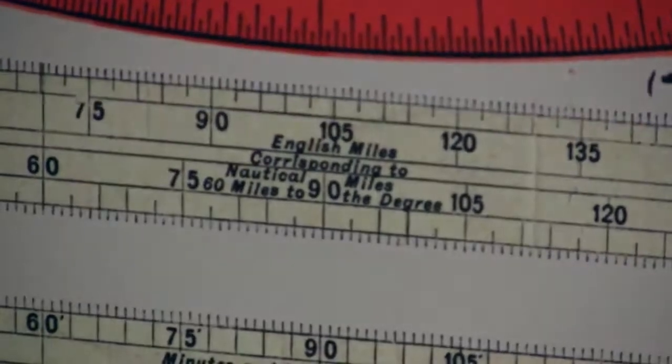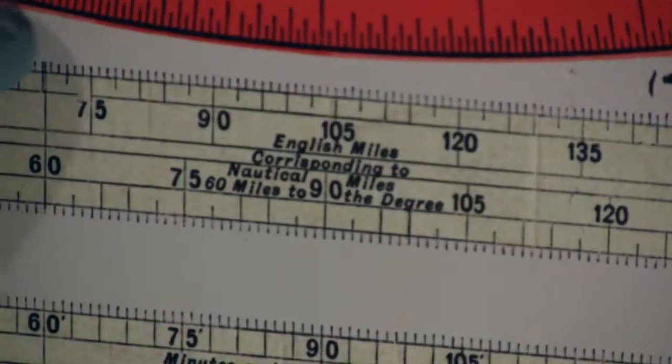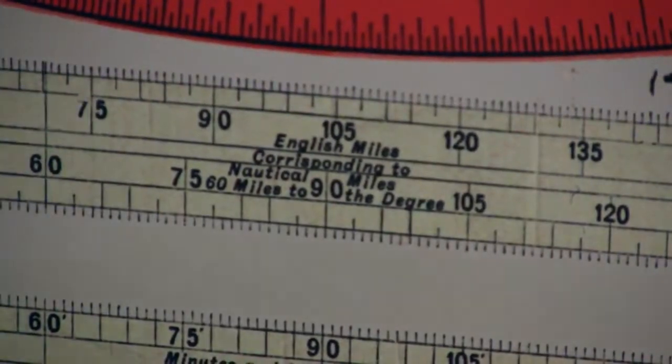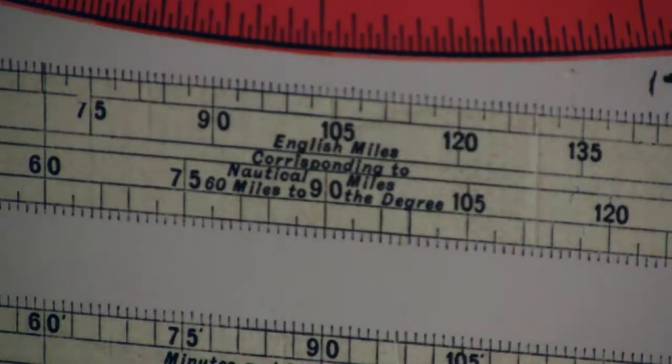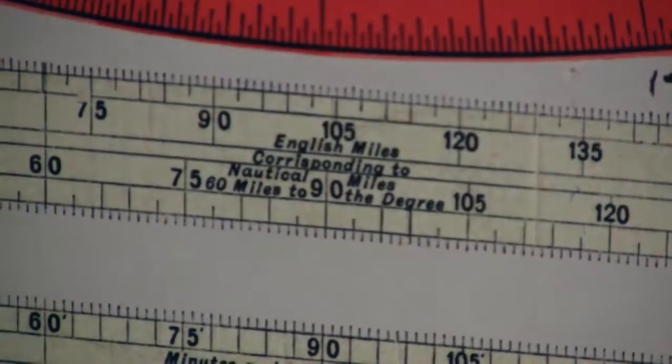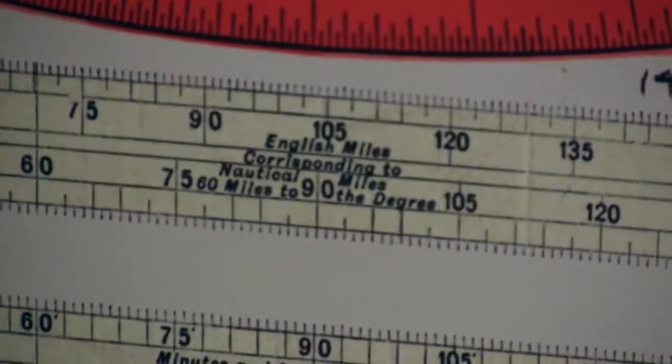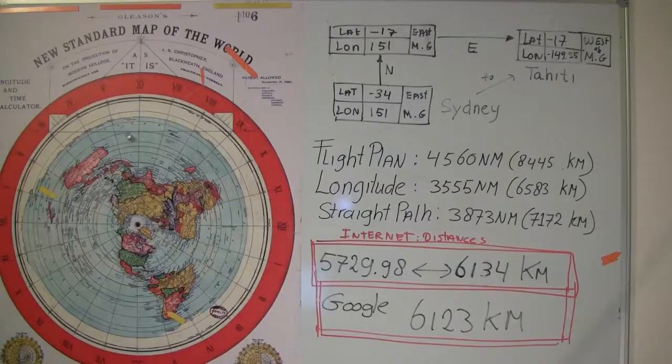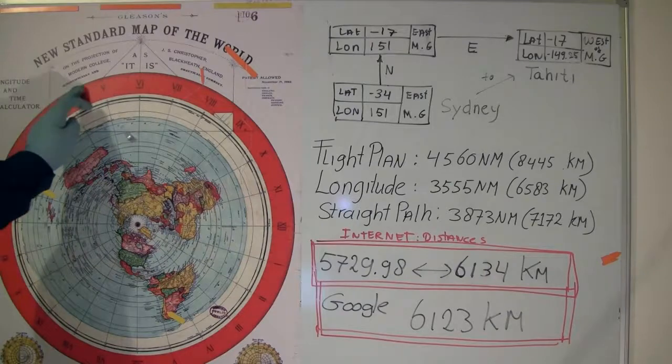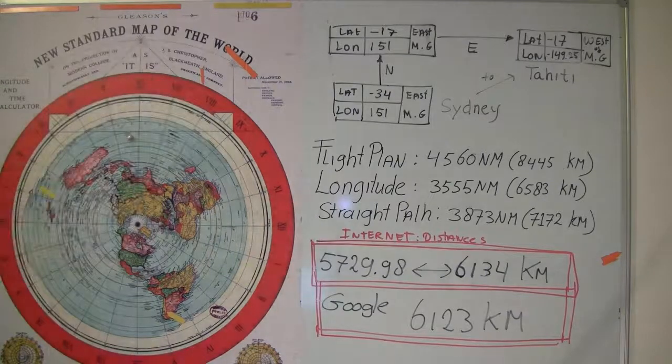It means each degree is in reality 60 nautical miles. The Gleason's map is scientifically and practically correct.